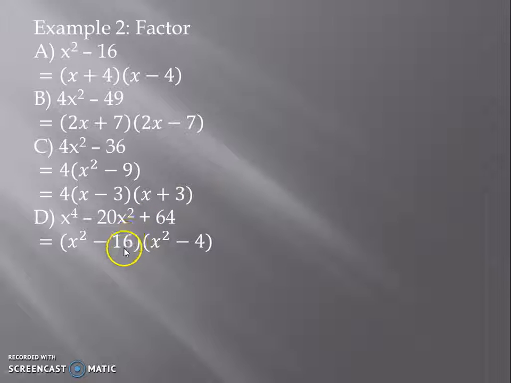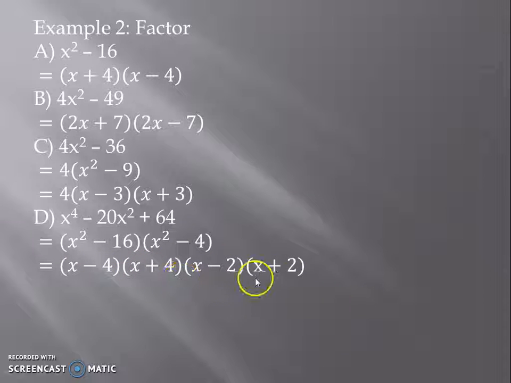Since the numbers that make negative 16 are 4 and negative 4, it's x plus 4 times x minus 4. And since the numbers that make negative 4 are 2 and negative 2, it should be x plus 2 times x minus 2. So it should look something like this.